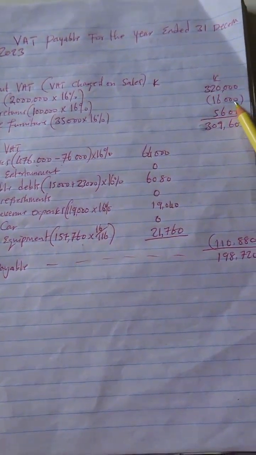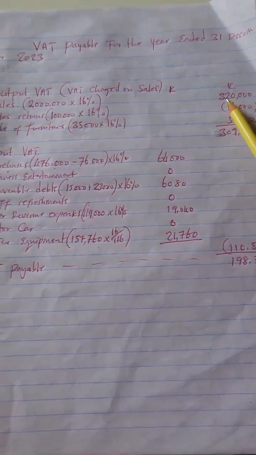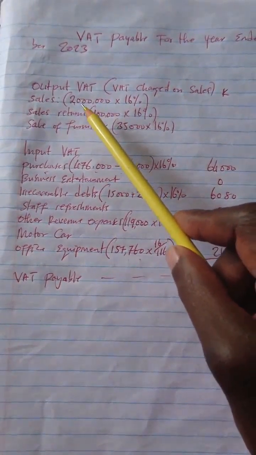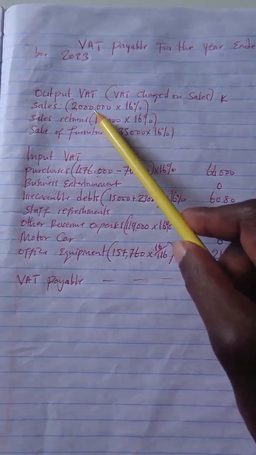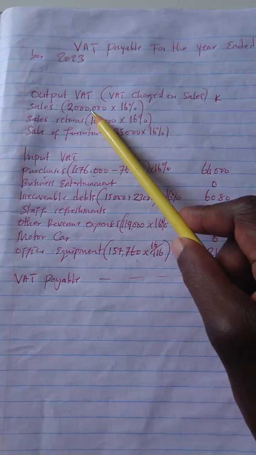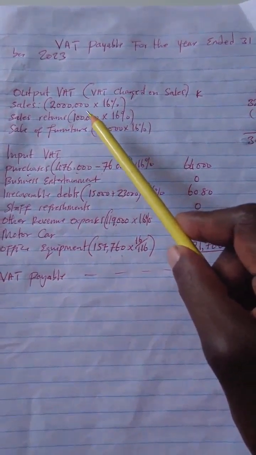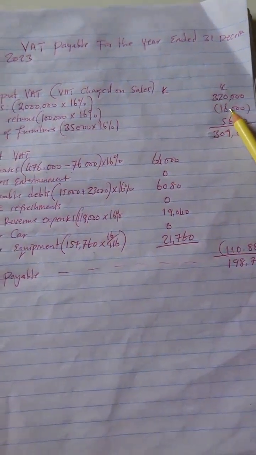This is the figure here in brackets, indicating we are subtracting it from the VAT which we charged. This is the same as deducting the 100,000 from 2 million. You can do it in advance that way if you want, but here in this question I chose to do it separately, and this is how you put it there.